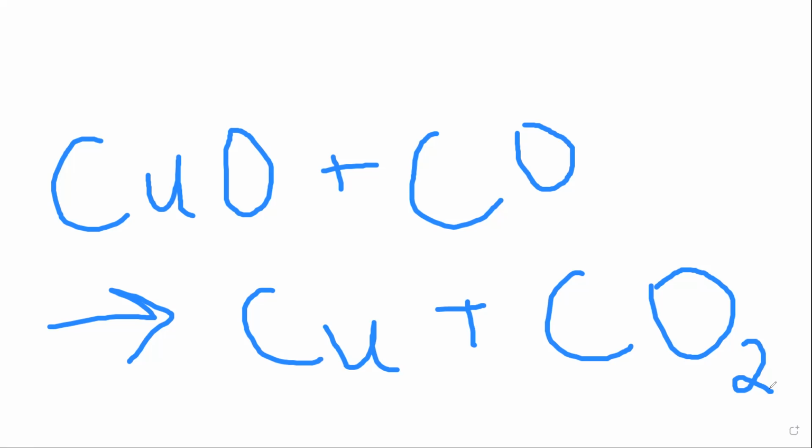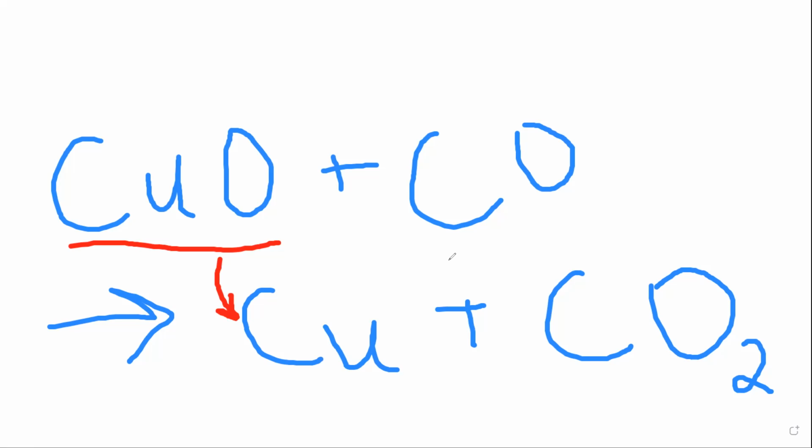Here the copper 2 oxide is being reduced. How is that? Because this copper oxide loses oxygen. Copper oxide has lost an oxygen atom. When anything loses oxygen, it is said to have been reduced.